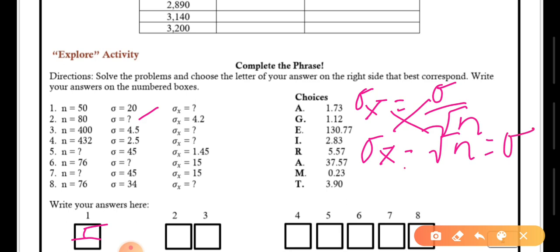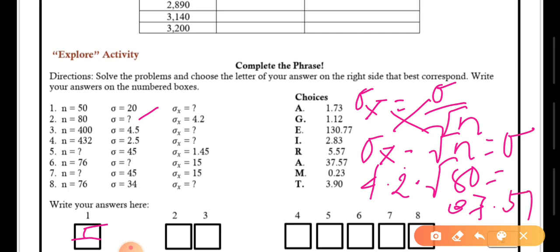So your answer is 4.2 times the square root of 80. Let's try to press it on the calculator: 4.2 times the square root of 80. My calculator says the answer is 37.5659, or 37.57. So it is letter A. Then write letter A here.